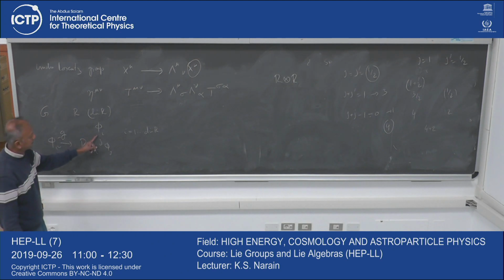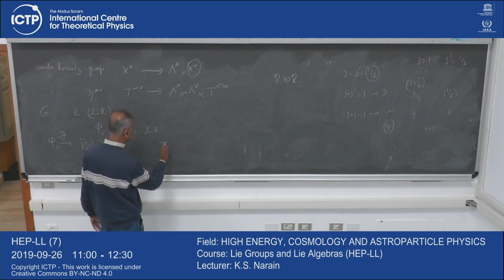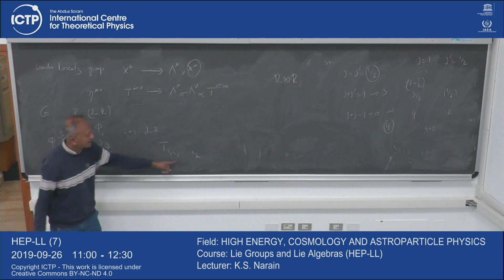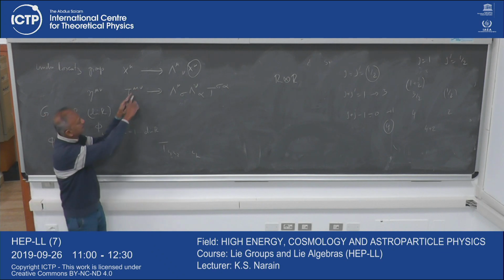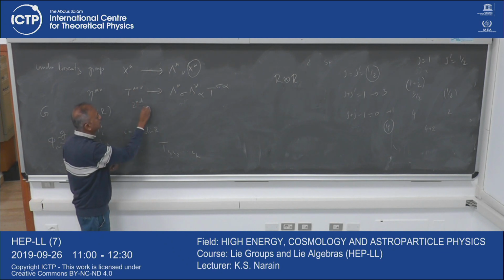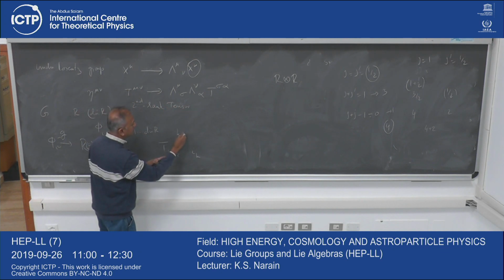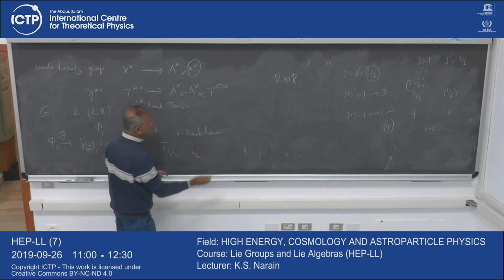Now we can define the tensors again. That corresponds to taking the tensor product of the same representation R, not different representations. So I can talk about a tensor T_ij, or T_i1 i2 up to ik, any number of indices. This is what is called a kth rank tensor. This one is called a second rank tensor. So the rank is just the number of indices. You can have all such representations.